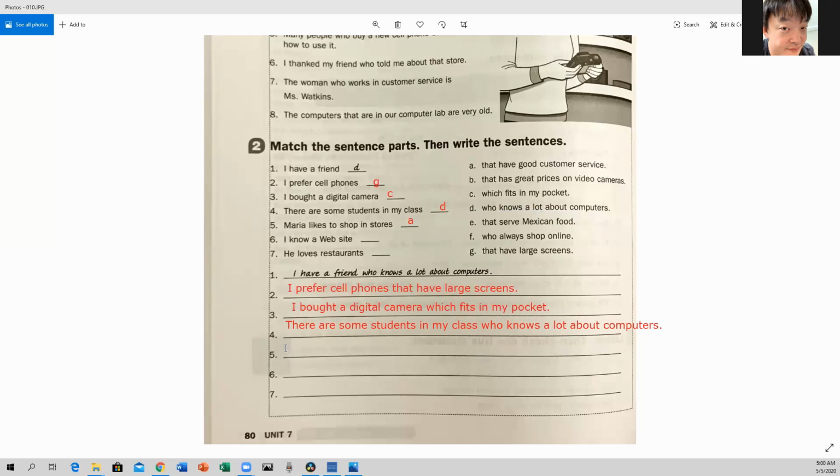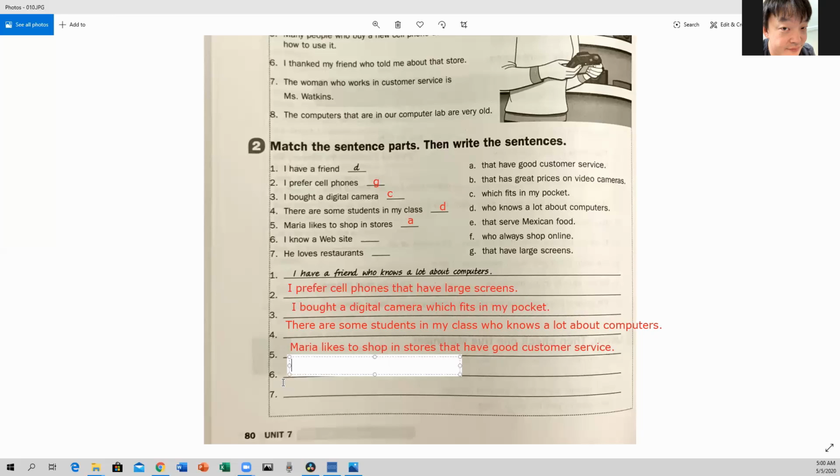So, okay. Maria likes to shop in stores that have good customer service. Okay, not a big deal.